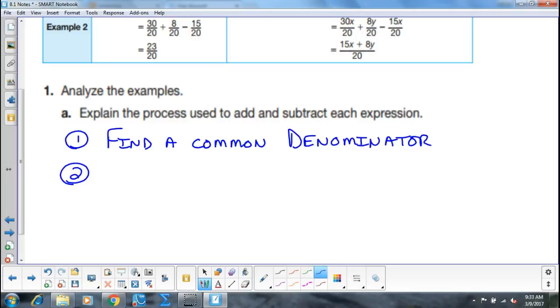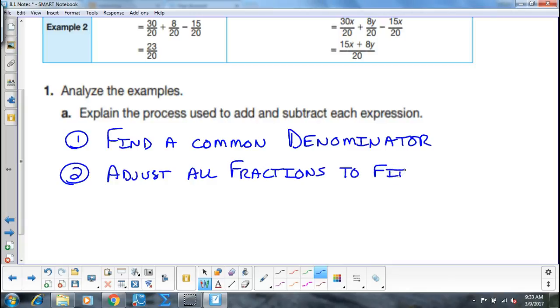So we adjusted the fractions to fit our common denominator.